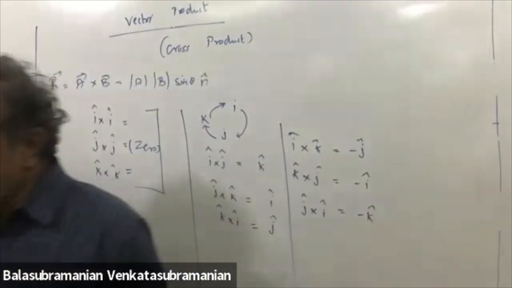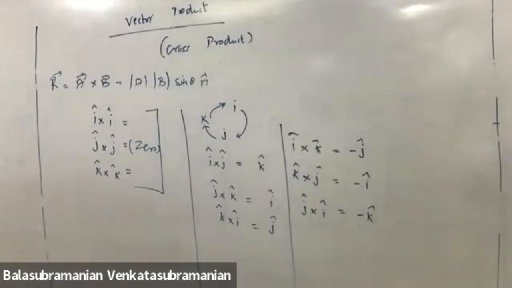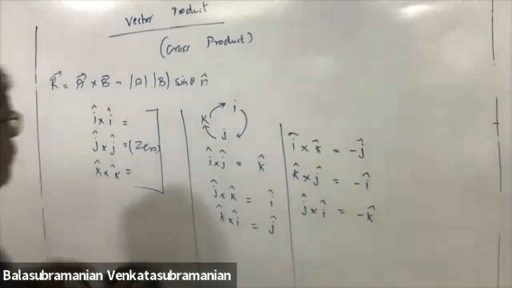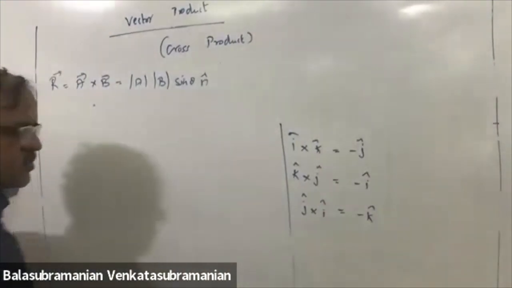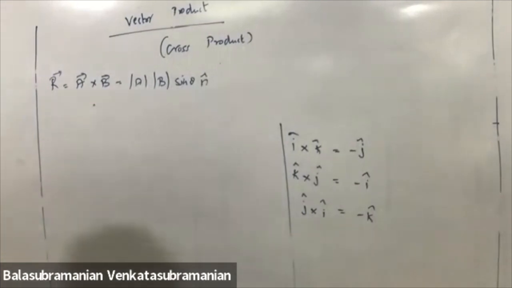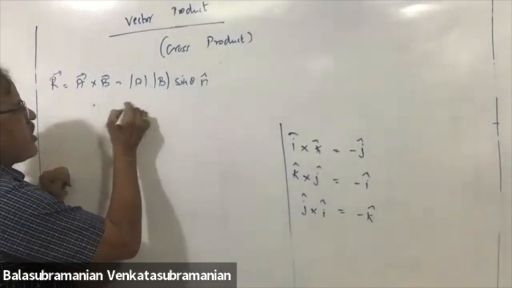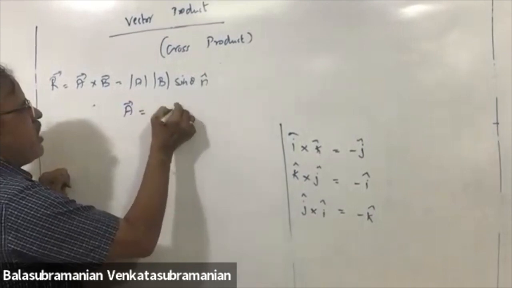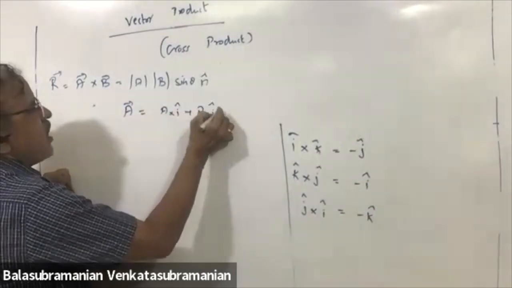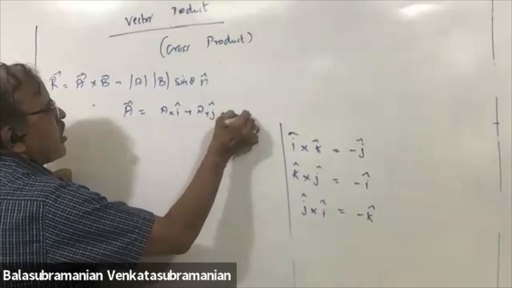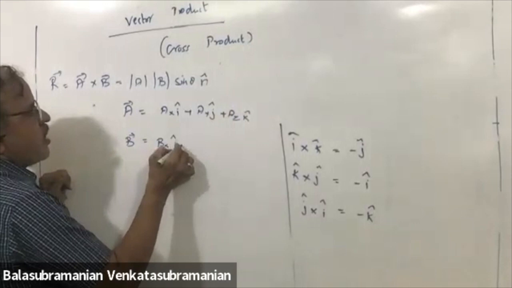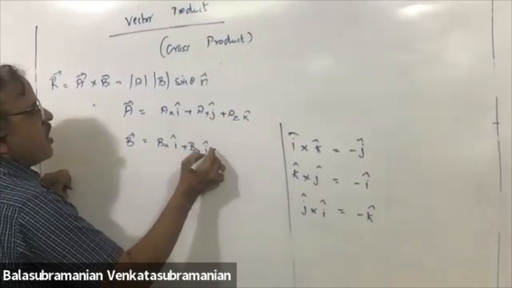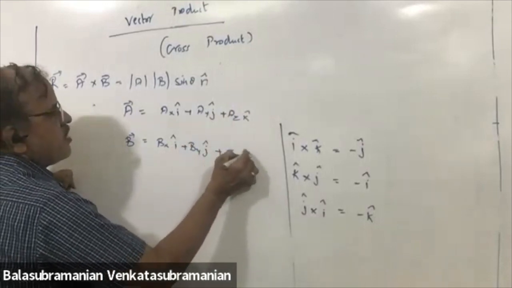An important property, in the case of the vector product of two vectors. A vector is equal to AX i plus AY j plus AZ k. B vector is equal to BX i plus BY j plus BZ k.